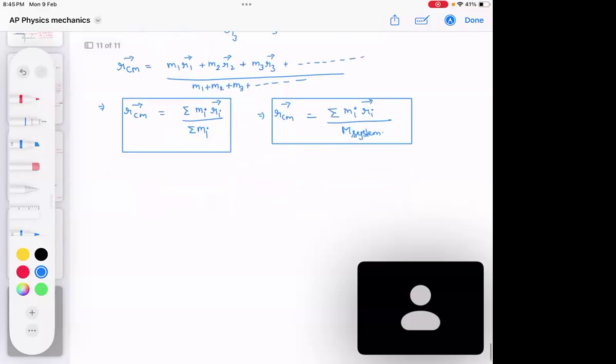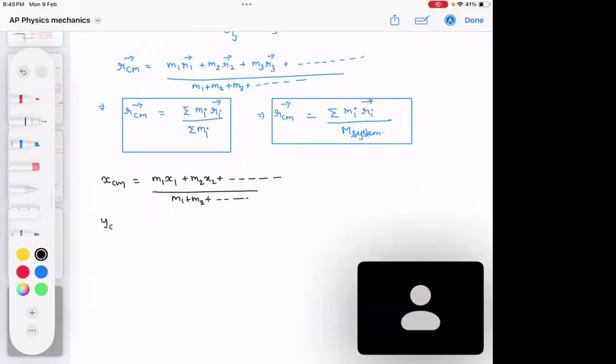So this is just the simplified form I am going to write. If I want to calculate the x coordinate of center of mass, I should use m1 x1 plus m2 x2 plus m3 x3 divided by what? m1 plus m2 plus m3, like that.